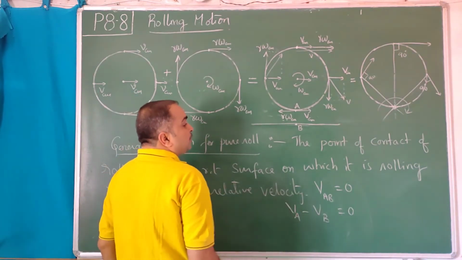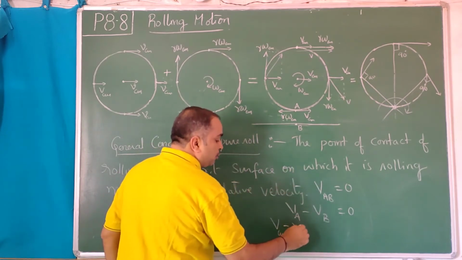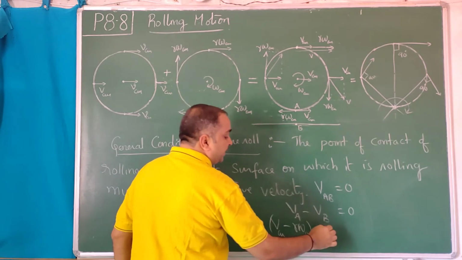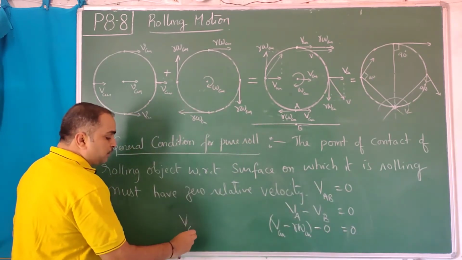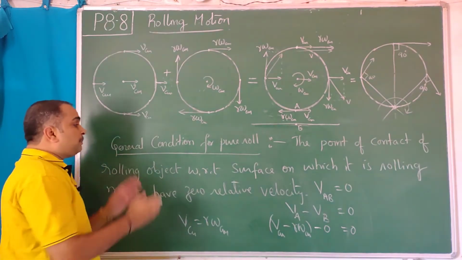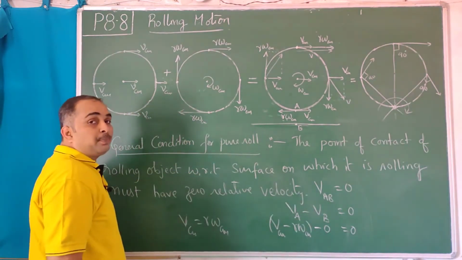So VA has forward velocity VCM minus backward velocity R omega CM, minus the surface is at rest, is equal to 0. This leads to VCM is equal to R omega CM. This is a condition for pure rolling, but not the general condition for pure rolling. General condition for pure rolling, VAB is equal to 0.